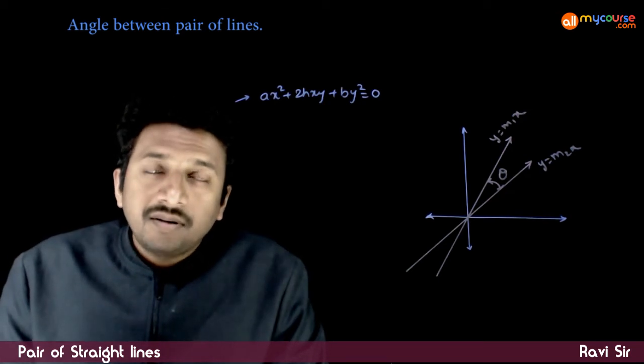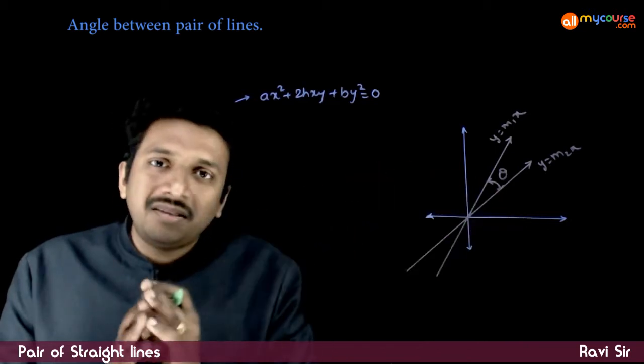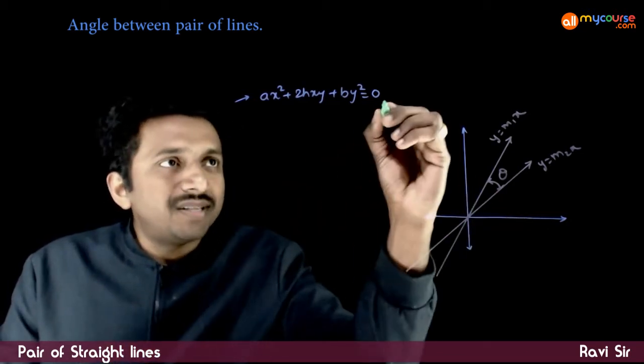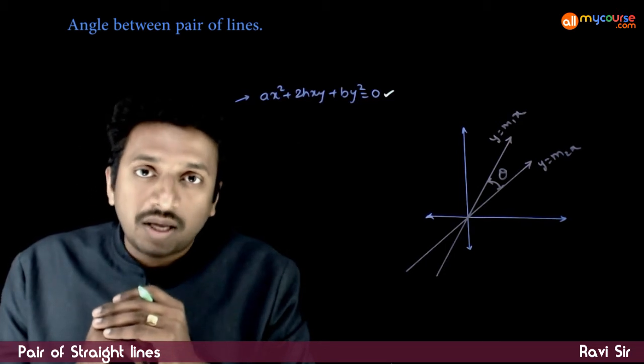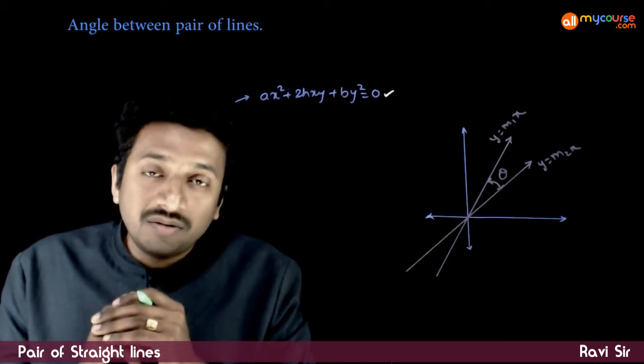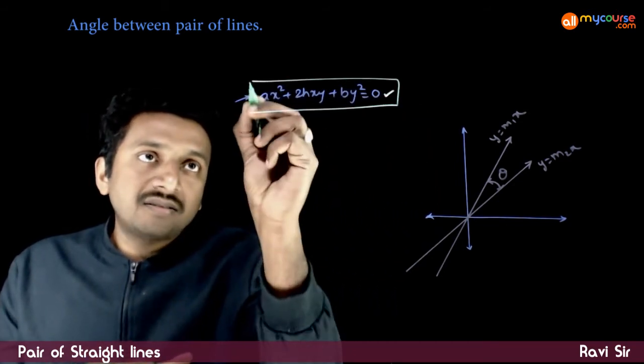Welcome students. In this video, let us look at how to find the angle between the pair of lines represented by the equation ax square plus 2hxy plus by square is equal to 0. So now you have this pair of lines.